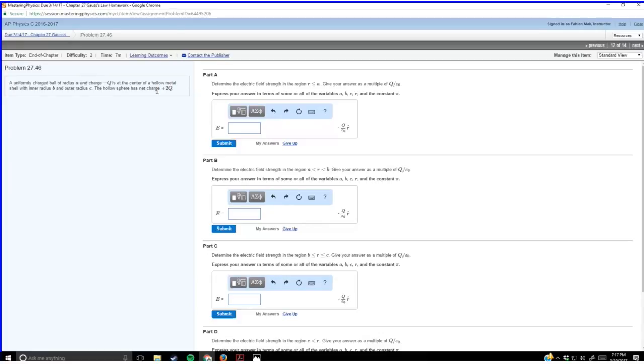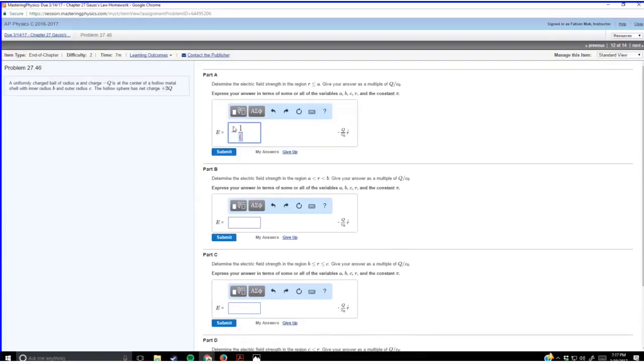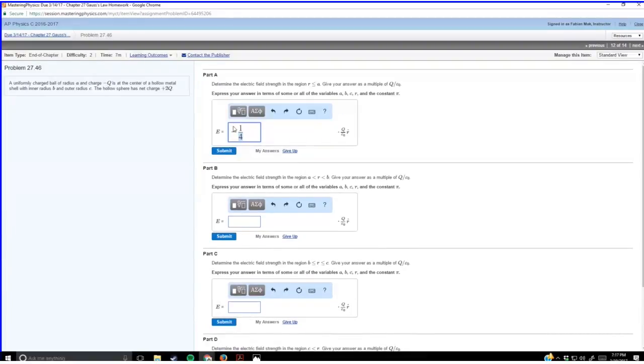It's very similar, but it's negative Q instead of positive Q. So everything we did in the previous problem is going to be the same, except that now it's a negative charge inside instead of a positive charge inside. So let's see. What is the electric field? You're going to do pretty much the same as before. But now it's negative.